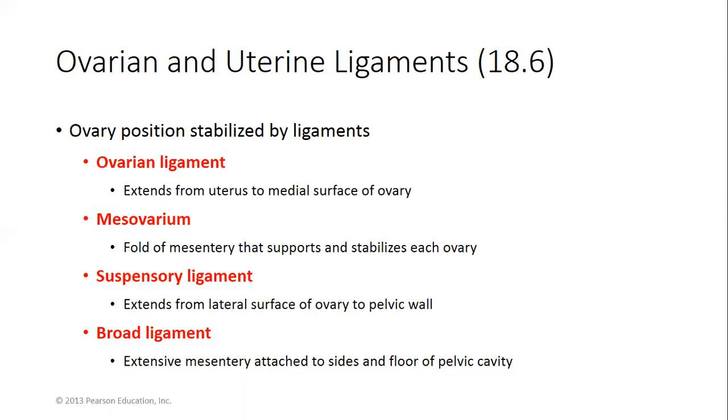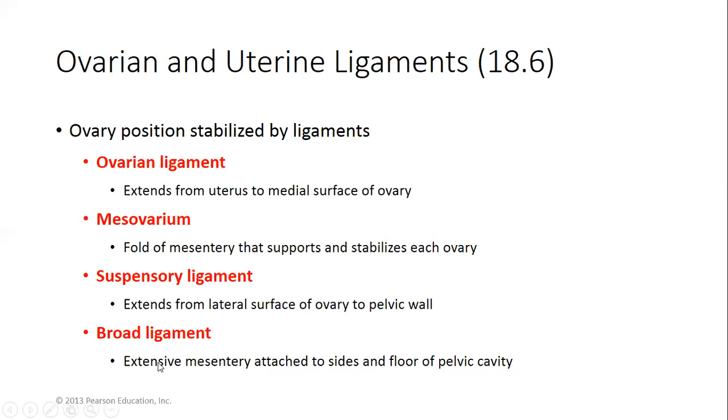The suspensory ligament suspends the ovary to the lateral surface of the pelvic wall. So if the ovarian ligament is medial, the suspensory ligament is lateral and kind of suspends the ovary in place laterally to the wall. And then the broad ligament, again, I mentioned earlier, the mesovarium is part of the broad ligament.